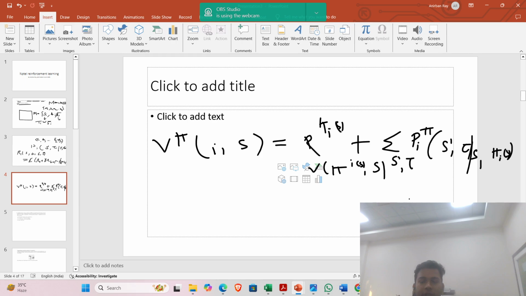So this is a state transition probability, and so this reward is nothing but this value function here.